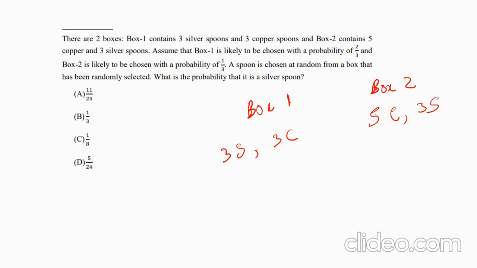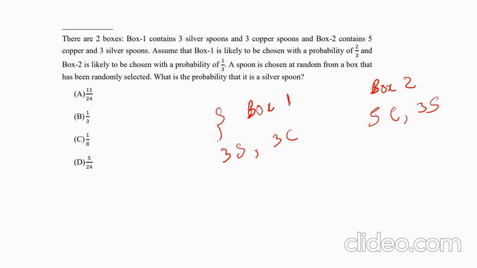Now assume that box 1 is likely to be chosen with probability 2 by 3, and box 2 with probability 1 by 3. What it means is that if we have two boxes and we are choosing a box randomly, then there is a chance that box 1 we will choose two times and box 2 we will choose one time, right?